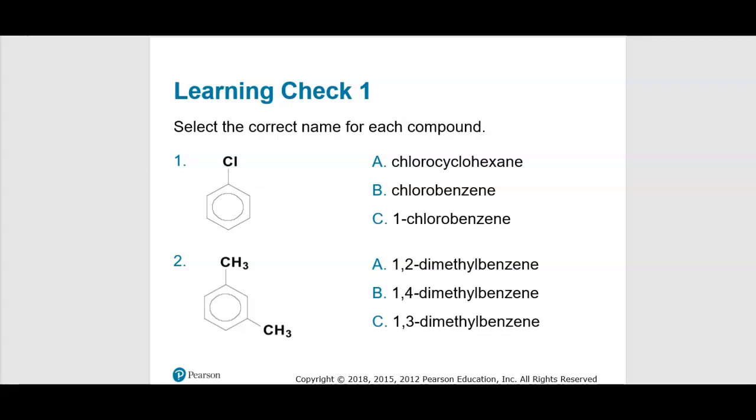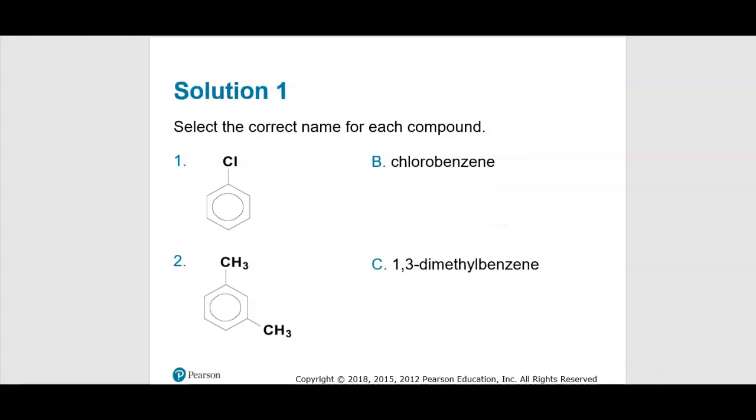You don't need to know that. You just worry about dimethyl benzene. And which one is it? Well, there are 2 substituents. They have to have the lowest numbers. So one of them is going to have to be 1, and the other one is going to have the lowest number going around the ring. So it's going to be 1,3-dimethylbenzene. Should be fairly straightforward.